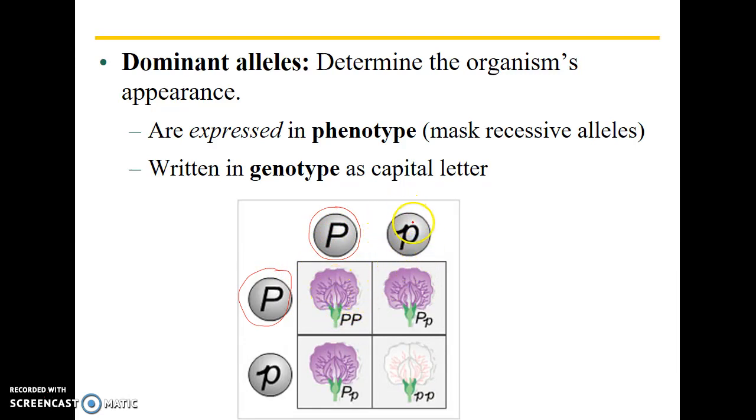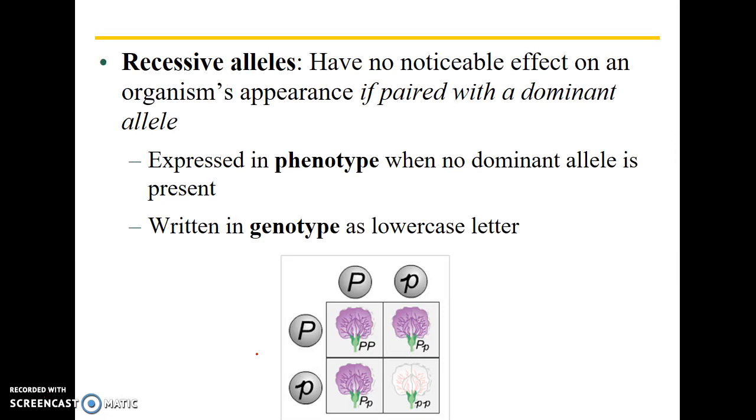This, however, the little p here, would be a recessive allele. So the recessive alleles have no noticeable effect on an organism's appearance if they are paired with a dominant allele. They are, in fact, expressed in the phenotype when no dominant allele is present.